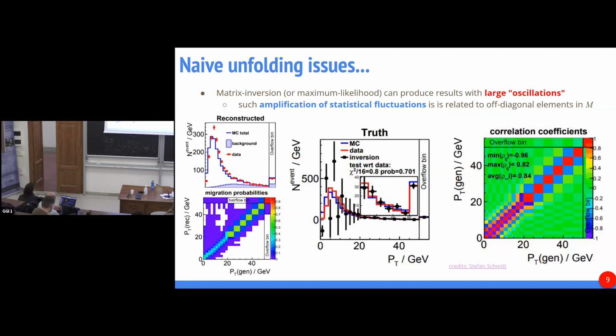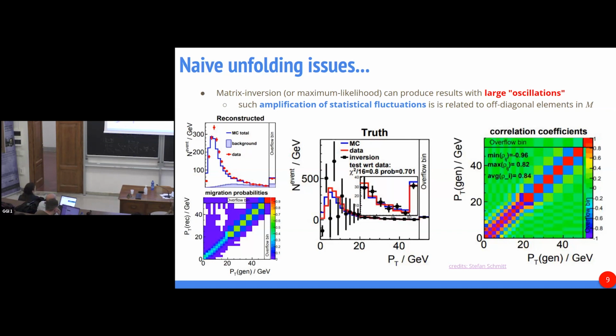Then, is this always working? Actually, no. We should all know as experimentalists that if you do this matrix inversion or maximum likelihood unfolding too naively, you get these fluctuations, these oscillations, these jumps. Where are they coming from? Actually, they are not coming from numerical precision in the inversion or anything like this.